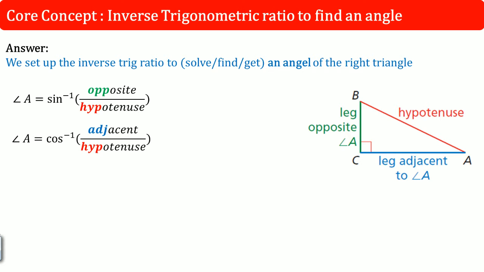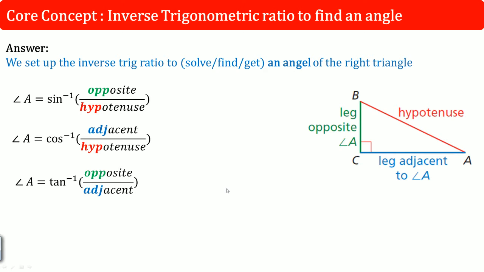You could also say that angle A is equal to the inverse cosine of adjacent divided by the hypotenuse. And you could also say angle A is also equal to the inverse tangent of your opposite divided by your adjacent. Notice that the ratios here are the same. Sine is still opposite over hypotenuse, cosine is still adjacent over hypotenuse, and tan is still opposite over adjacent.